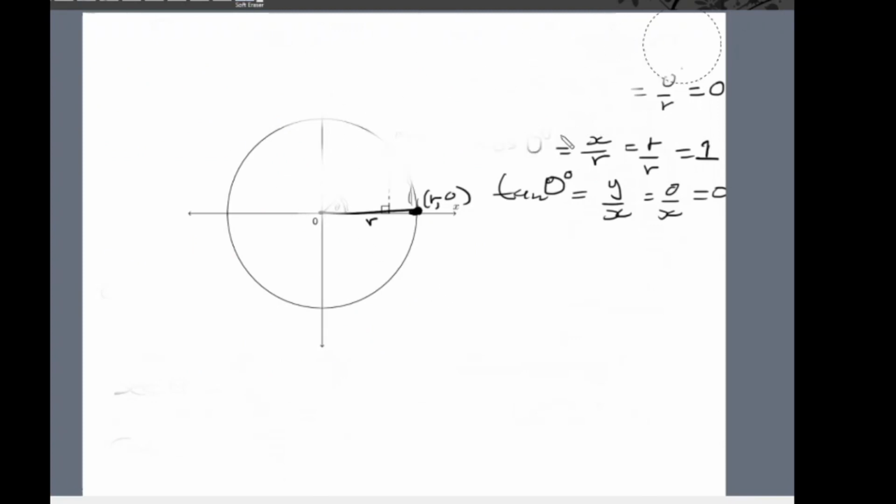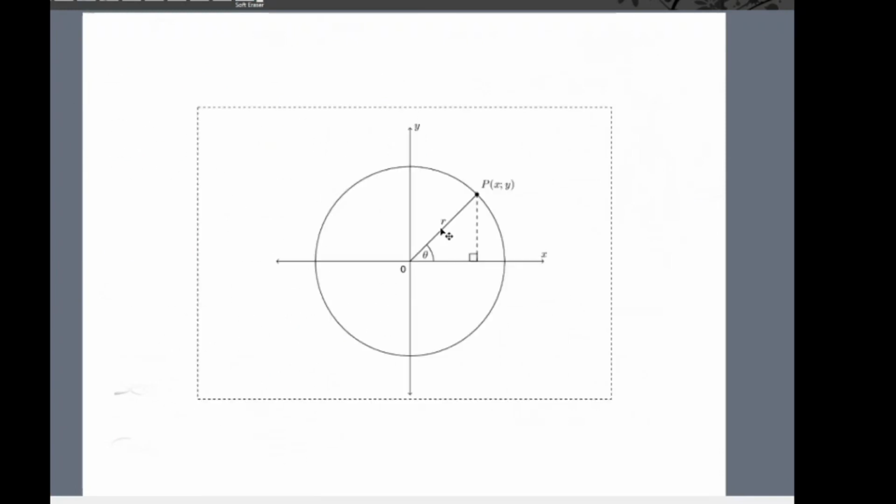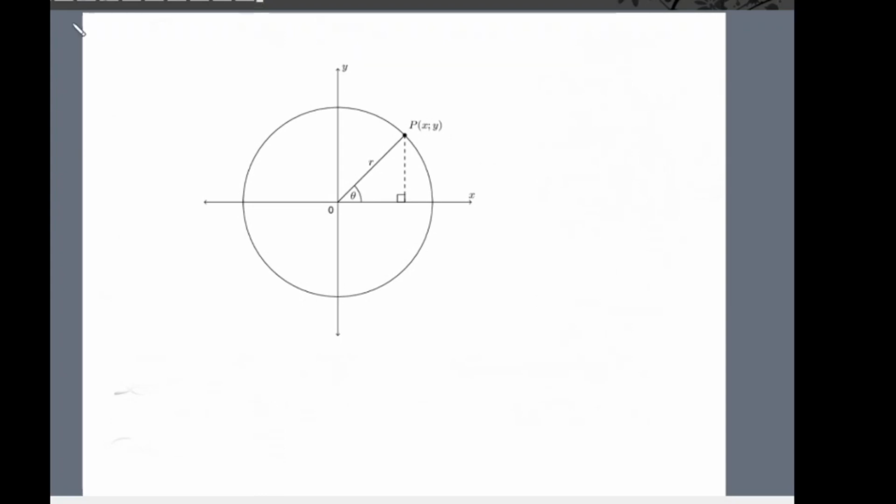So when theta is equal to 90 degrees, we want to calculate the trigonometric ratios. Theta is that angle there, right? If we want to make it 90 degrees, we can rotate this line anti-clockwise to that point.